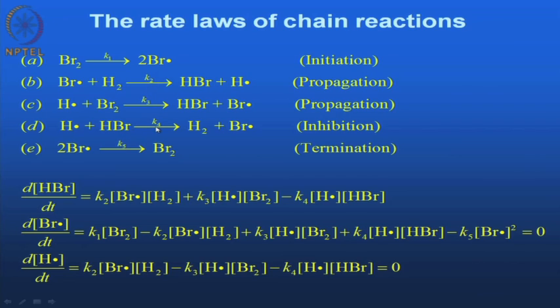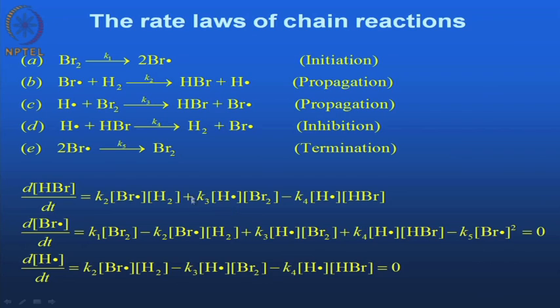Since these are all elementary steps, you can directly put the concentration terms occurring on the left hand side, because the reaction is proceeding from left to right, to the right. So, your starting ingredients should be used in your rate expression.